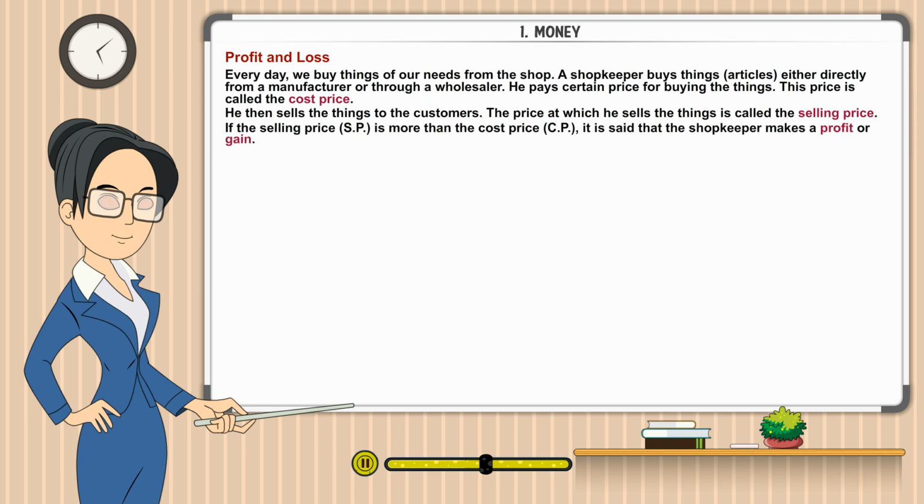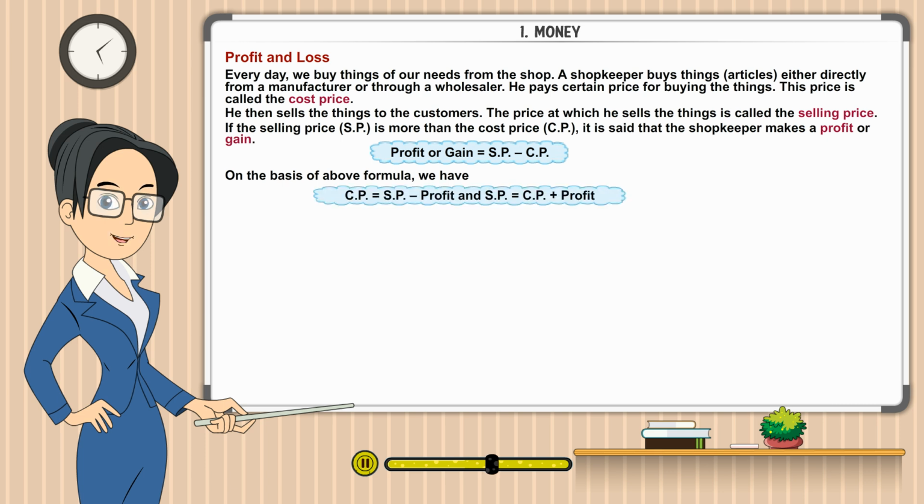If the selling price SP is more than the cost price CP, it is said that the shopkeeper makes a profit or gain. Profit or gain is equal to SP minus CP. On the basis of above formula, we have CP is equal to SP minus profit and SP is equal to CP plus profit.